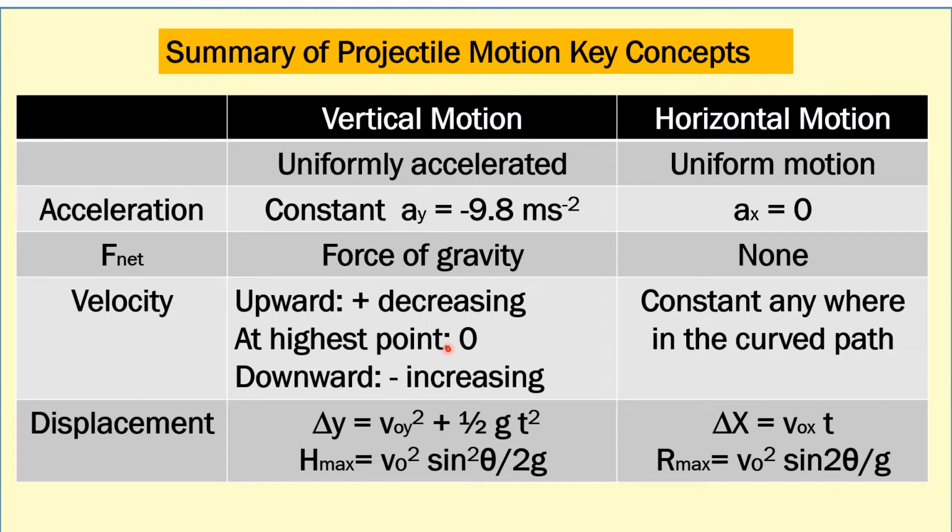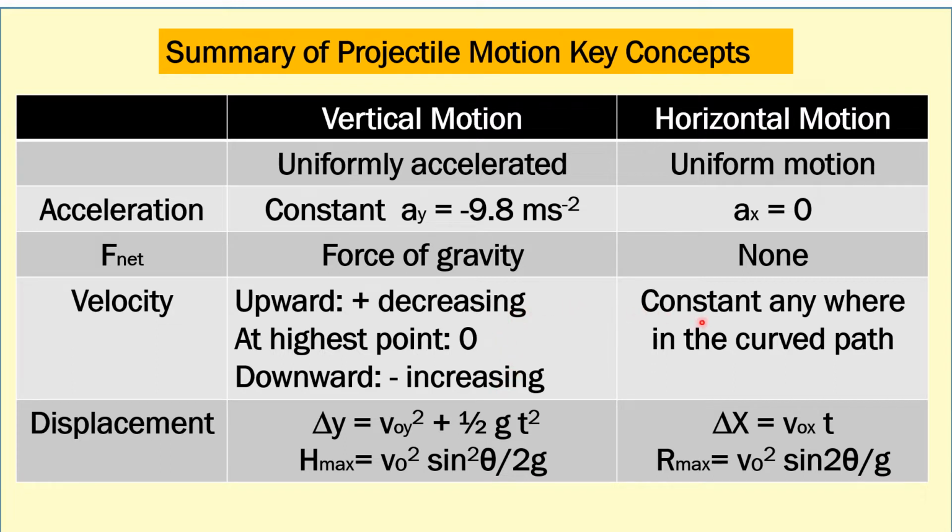Then what about on its way downward? Since we consider a downward motion to have a negative direction, the velocity is negative, but its magnitude is in fact increasing, or the body is speeding up.